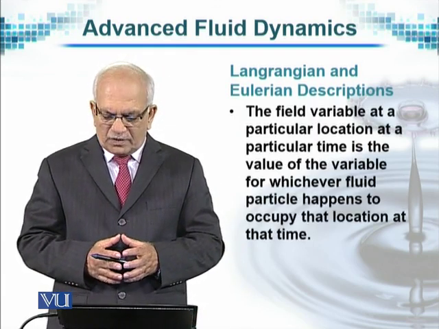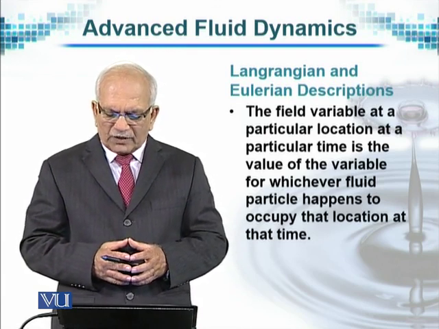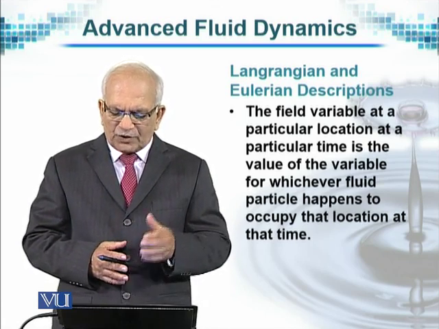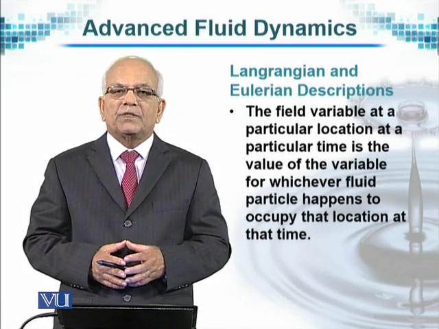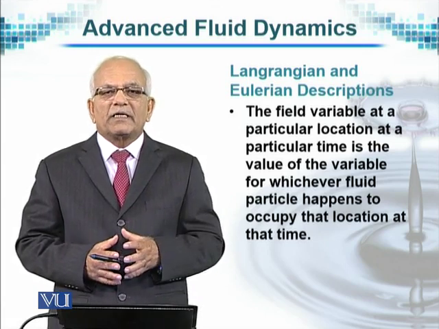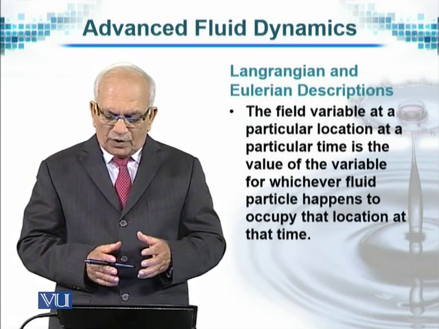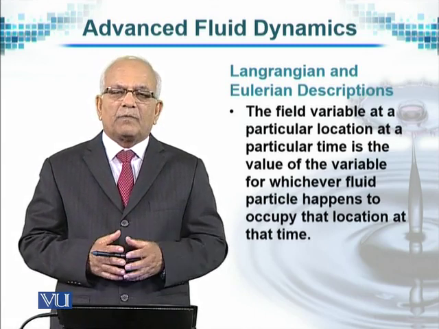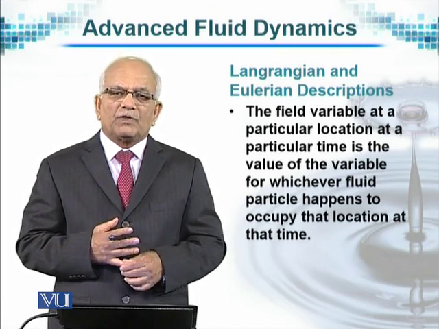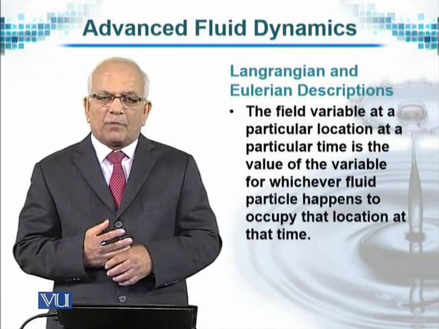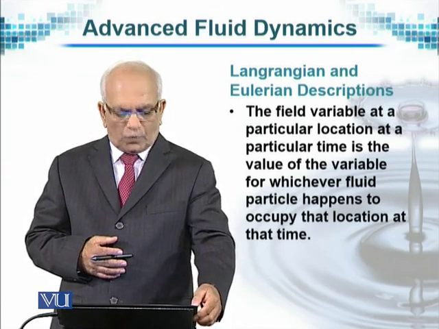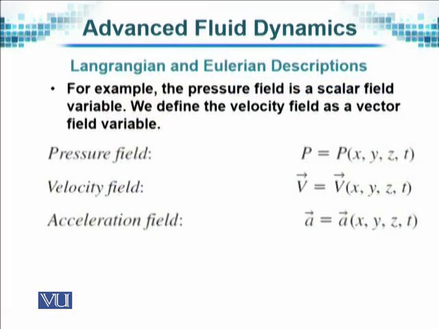The field variable at a particular time is the value of the variable for whichever fluid particle happens to occupy that location at that time. When we say field variable, we are normally talking about the velocity, the acceleration, the pressure, and variables associated with the movement of the fluid particle.